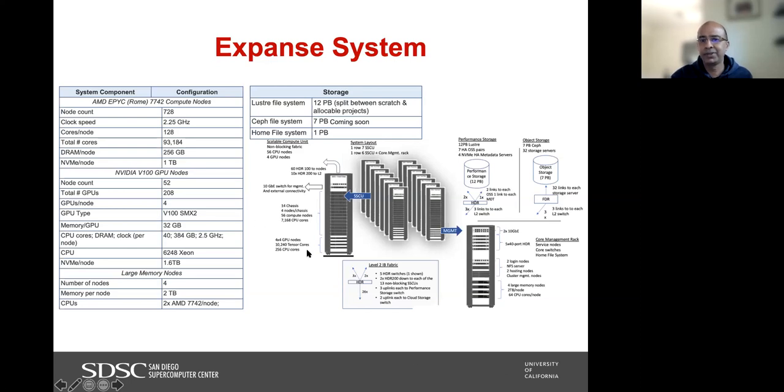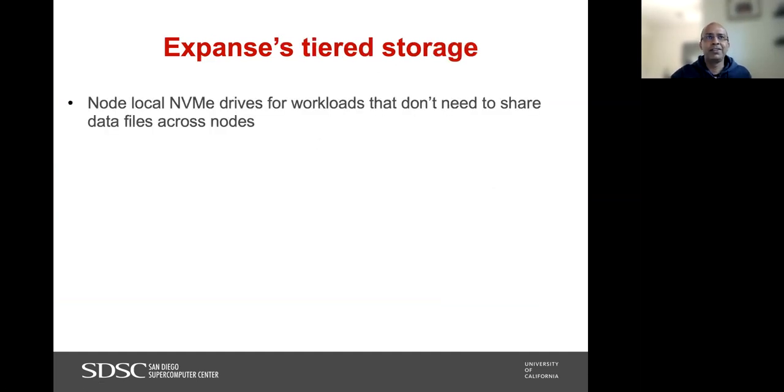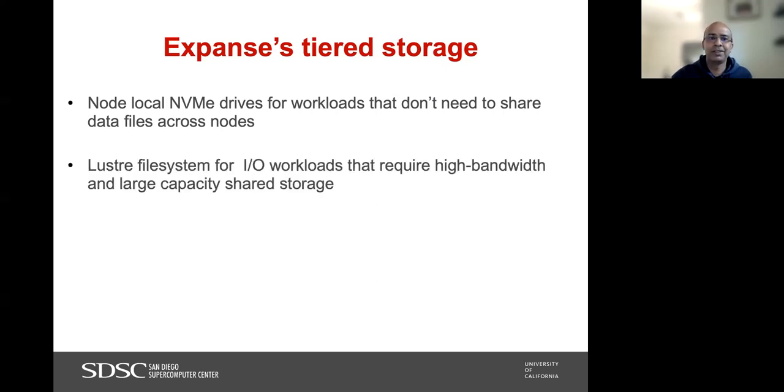And the figure here shows how the Expanse system is arranged. For the purpose of this presentation, we are mainly interested in these circles, which are the storage part of Expanse. As you notice, there are various storage technologies used in Expanse. One of them is node local NVMe drives. These drives are not shared across nodes, so that is one thing you need to be aware of.